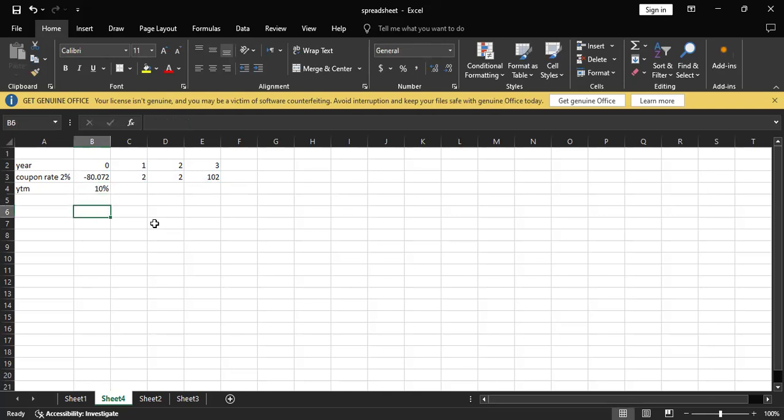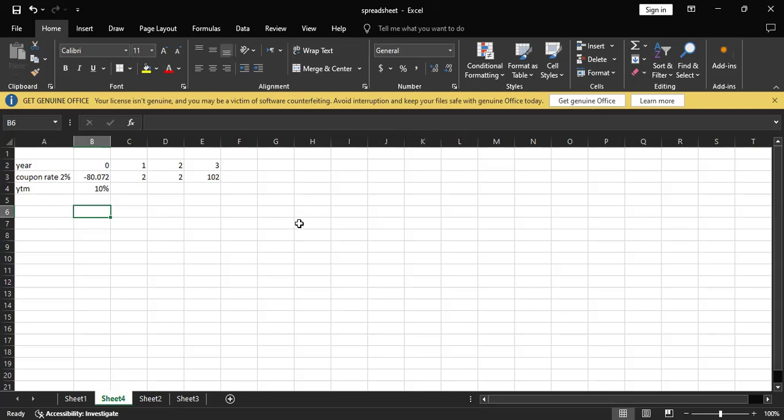Now, if I modify the example and I say to you people that you have to compute the cost of debt, then what will happen, guys? What was the difference between the YTM and the cost of debt calculations? I told you people, while you are going through the YTM calculations, you will take the interest pre-tax. And when you are going through the cost of debt calculations, you will take the interest after tax.